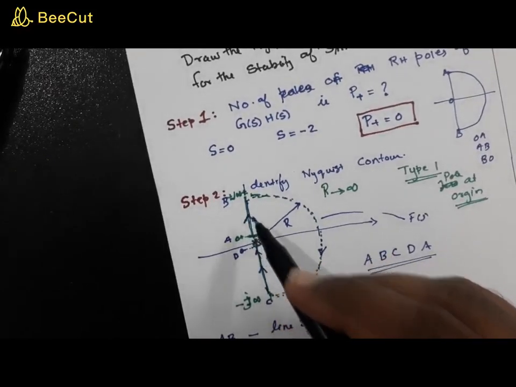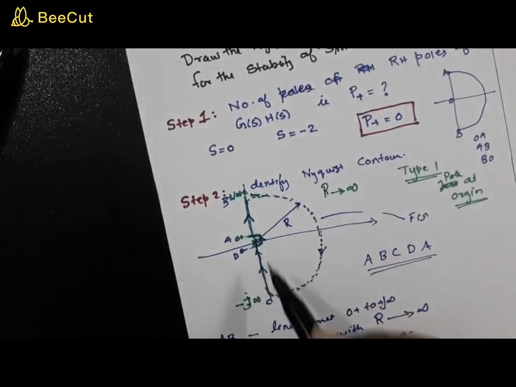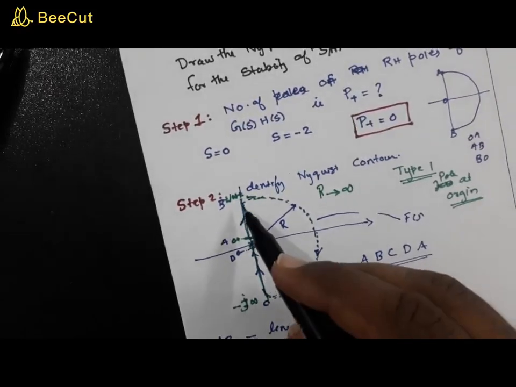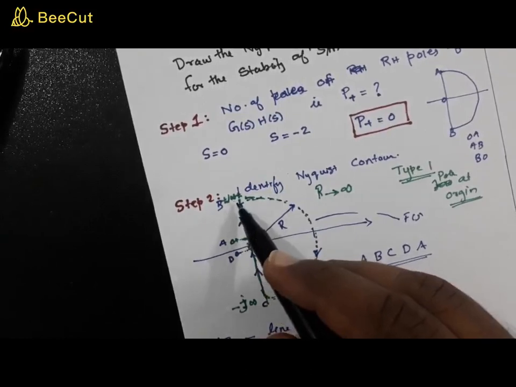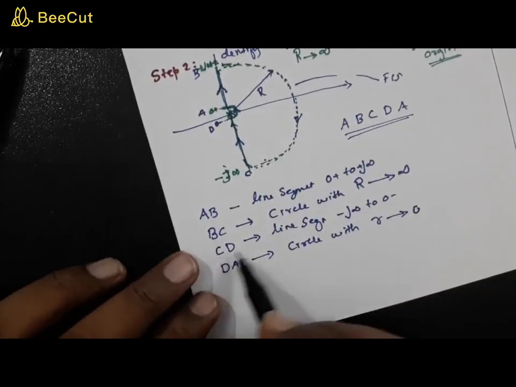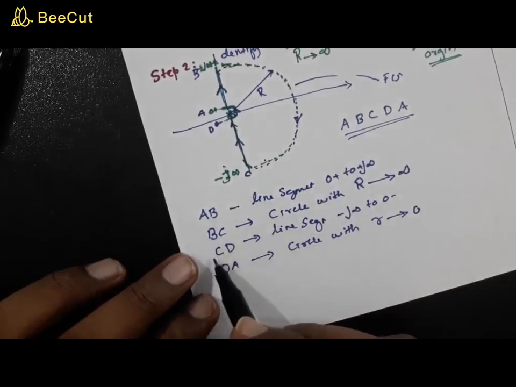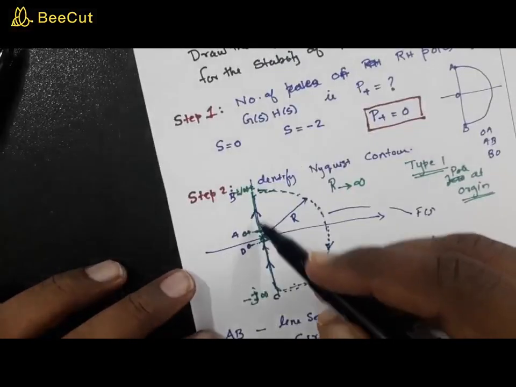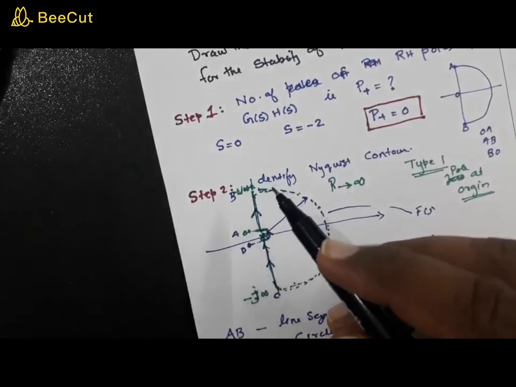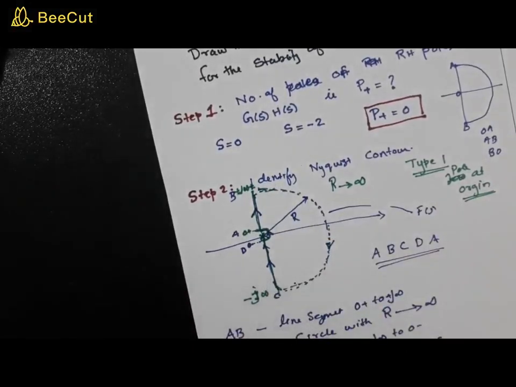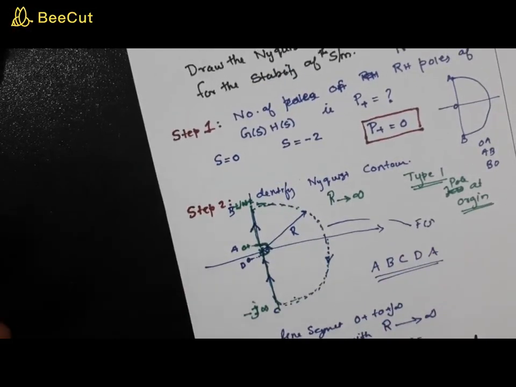This line AB and CD have a relationship, right? This is a mirror image. So the mapping of AB will be exactly the mirror image of CD. So you don't have to map CD again. Once you get AB correctly, you just need to draw its mirror image. That's enough, so that makes this a bit simpler.